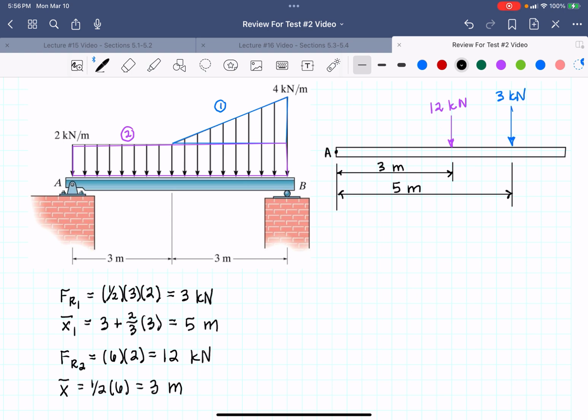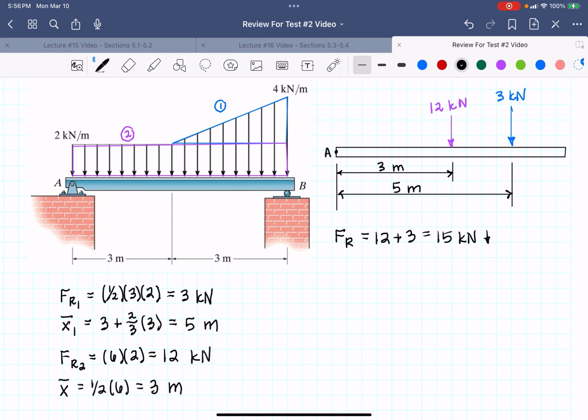So now I can analyze fully what I've got. My resultant force is going to be in the downward direction. So it is going to be 12 plus 3, which equals 15 kilonewtons, and it's down.